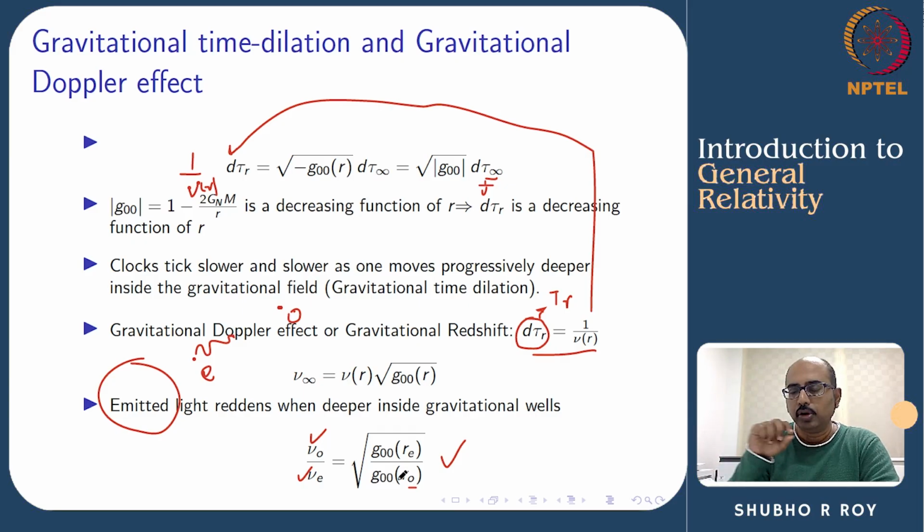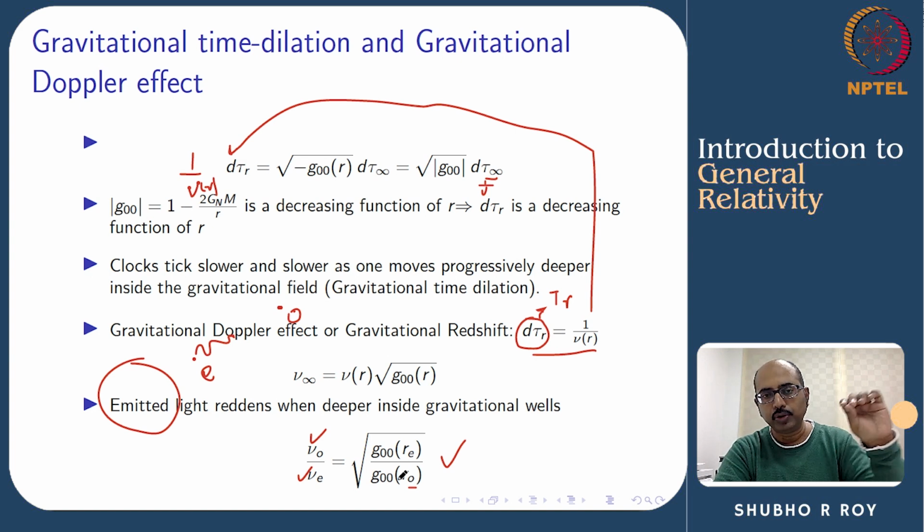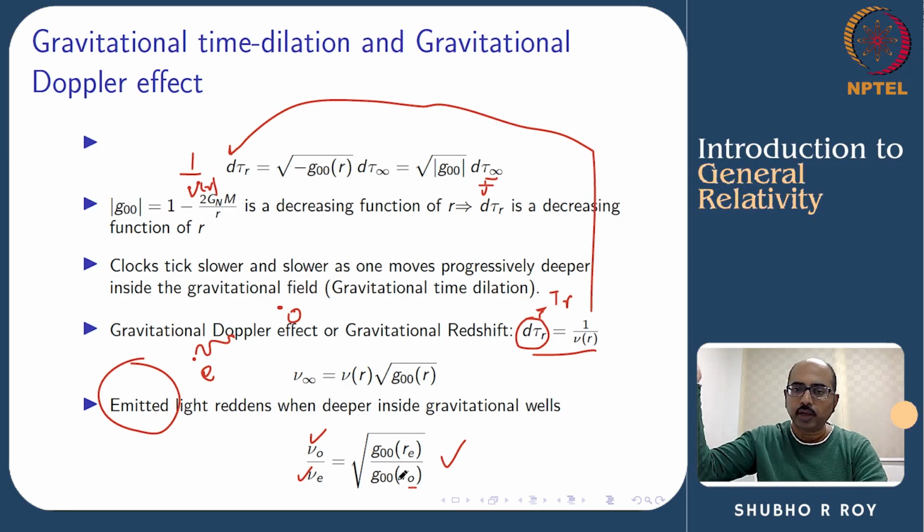So if I shoot a light ray of a certain frequency from some location inside the gravitational field to outside, as it travels out, its frequency will diminish, and vice versa. If I send some signal of light from outside to inside the gravitational field, its frequency is going to increase, that is, it's going to get blue shifted. So if the light travels from inside the gravitational well to outside, the frequency gets decreased, that is, there's a red shifting going on.